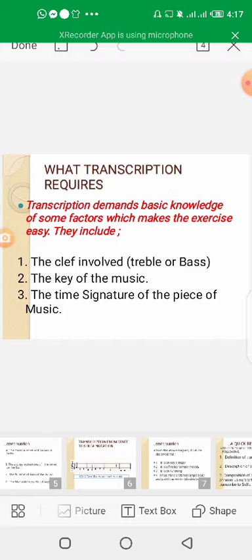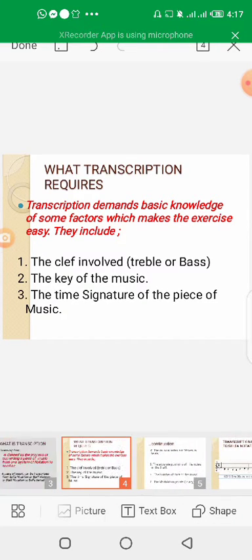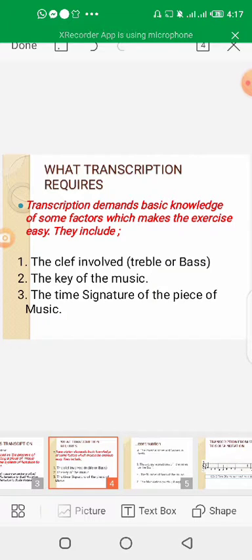What does transcription require? Transcription demands basic knowledge of some factors, which makes the exercise easy. That means you need to know these factors so that transcription will be easier for you. They include, one, the clef involved.